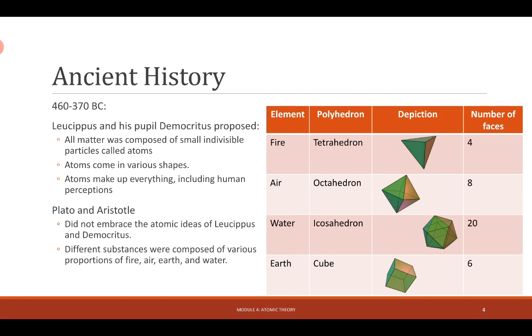In Plato's depictions, they had different shapes, like tetrahedrons represented fire and octahedrons represented air. And the ideas of elements being fire, air, water, and earth have pervaded history since this time.